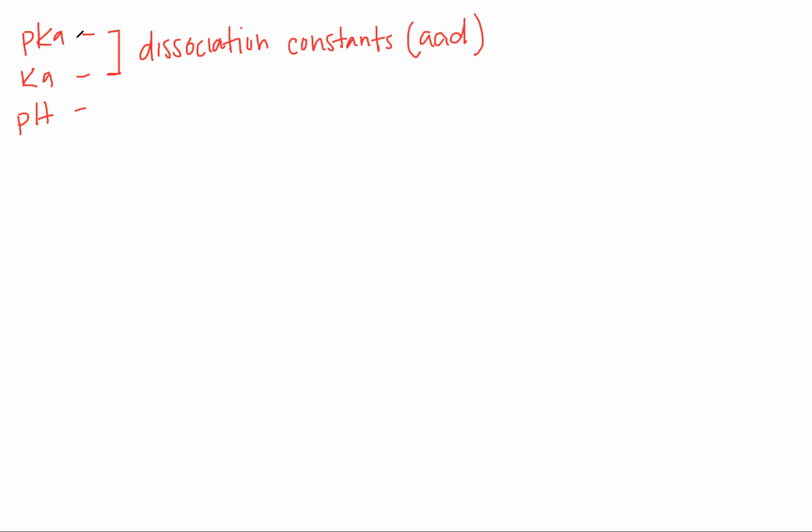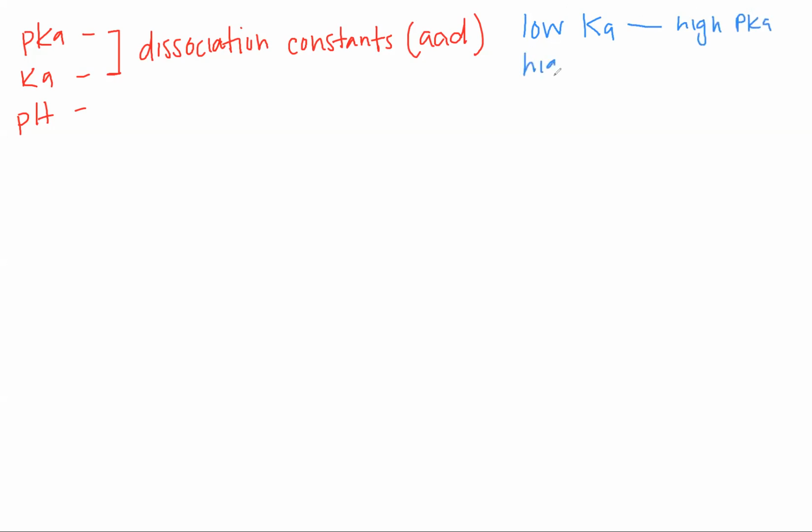And you can tell based on the pKa and Ka. So if we have a low Ka, and these are inversely proportionate, so if I have a low Ka, I should have a high pKa.